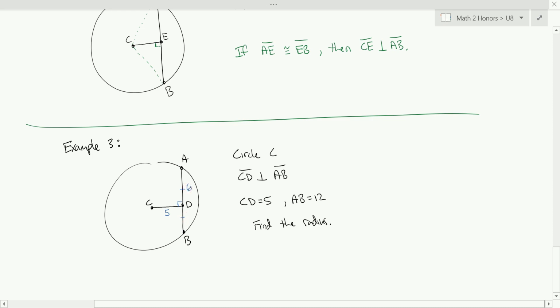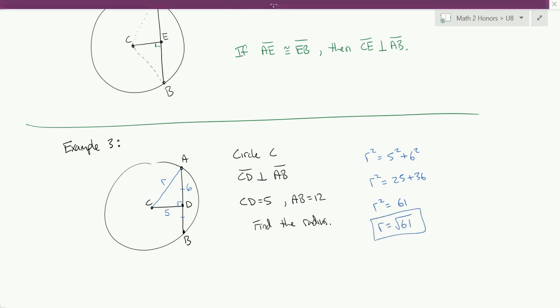So the distance from C to A is our radius. And we get that right triangle using the Pythagorean theorem. We could say that radius squared is 5 squared plus 6 squared. Very good. So 25 plus 36, so the radius is the square root of 61.